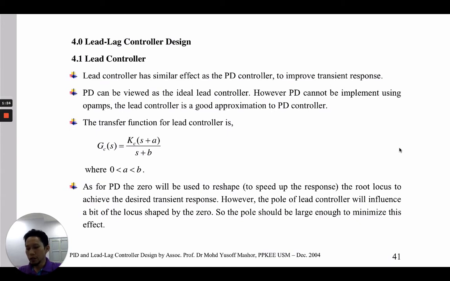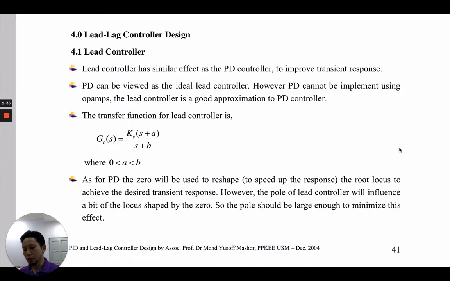For the lead controller, the transfer function is Gc = Kc (s + a)/(s + b). Remember that for the PD controller, we have Gc = Kc (s + a). So here we have an additional (s + b) in the transfer function.